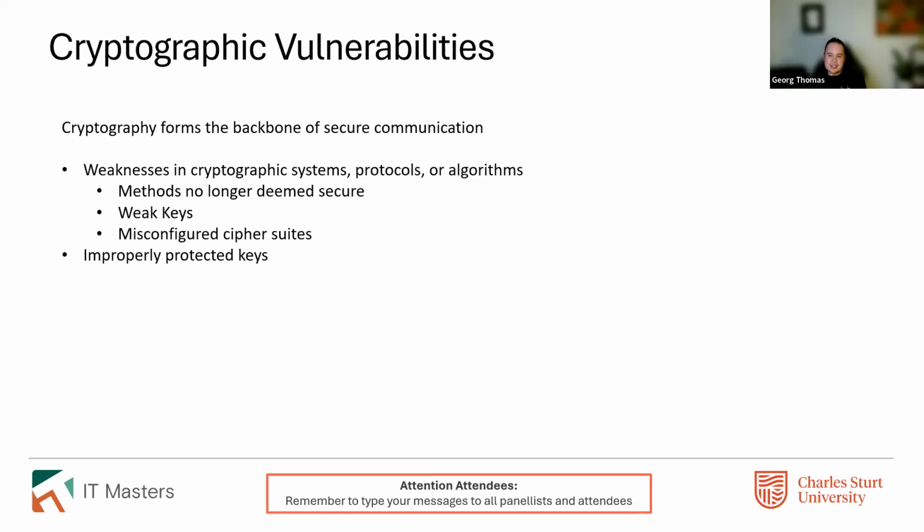Improperly protected keys is an example of that. Weak keys. There's also the whole concept around cryptographic systems, protocols and algorithms not being secure. When you do cryptography 101, you start with the Caesar cipher. The Caesar cipher, back in the days of Caesar, was basically a very basic letter substitution, with the key being a number.